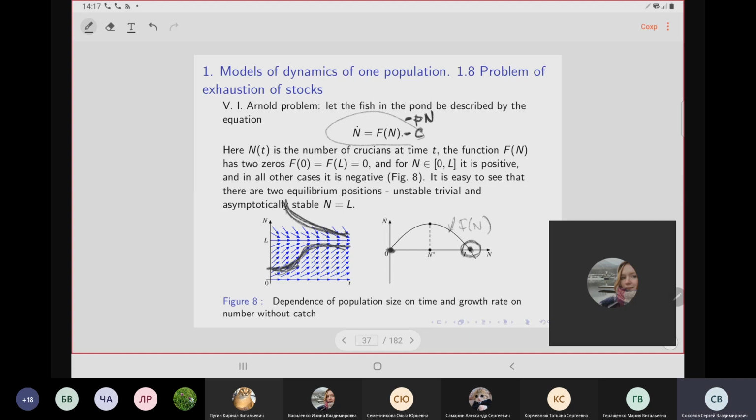So the main problem is how should we act? Should we always fish the same number, or should we fish some proportion? And another question: when will the number of fish caught be better, be bigger?